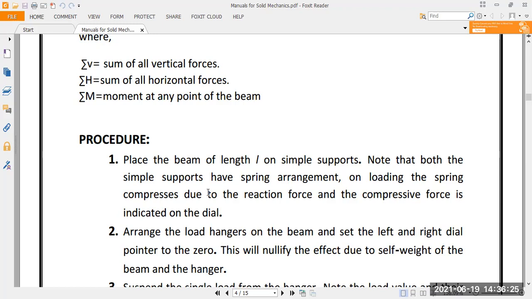Now, what we have here, we put this on the weighing machine itself. This type of weighing machine is possible, but another type of weighing machine is also possible.